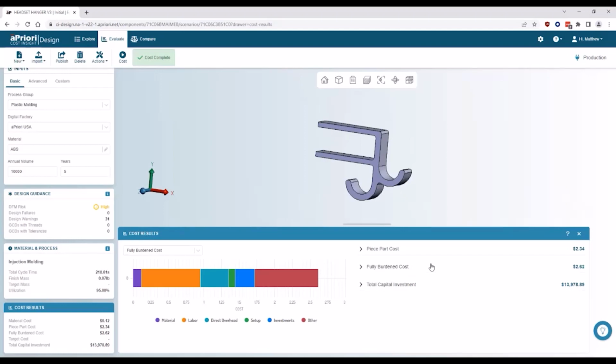So because the thickness of the part is roughly the same as it was before, the material cost is only increased slightly with the additional hook, the overall fully burdened cost has not changed significantly. Certainly gone up a little bit, but not changed significantly because the overall processing, the time the part spends in the molding machine, etc., hasn't changed significantly.